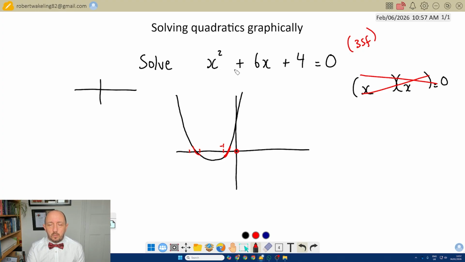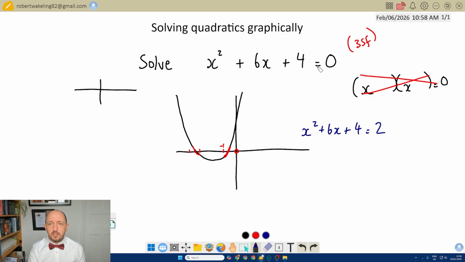And then they often say, well, what's the solution of x squared plus 6x plus 4 equals 2? In this case, when we compare this to our original graph, all of that is the same, which is basically our graph.